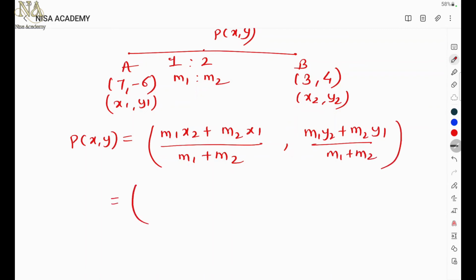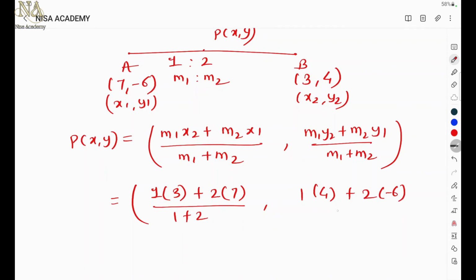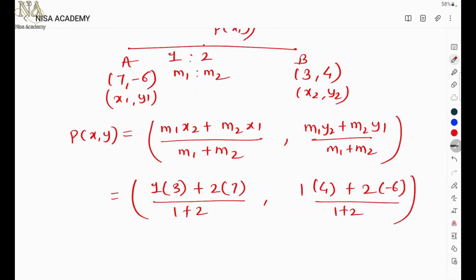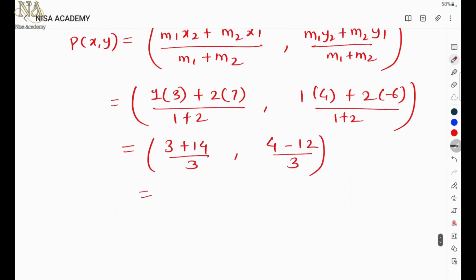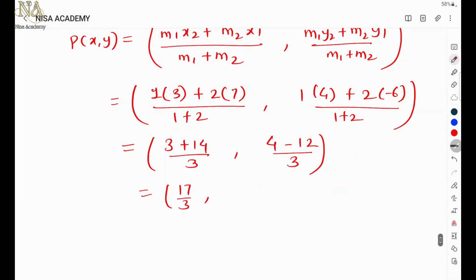Which is equal to: m1 is 1 into x2 is 3, plus m2 is 2 into x1 is 7, and this is 1 plus 2. Then again, m1 is 1, y2 is 4, m2 is 2, y1 is -6, upon 1 plus 2. So which is (3 + 14) by 3 and (4 - 12) by 3. Okay. So which is 17 by 3 and -8 upon 3.